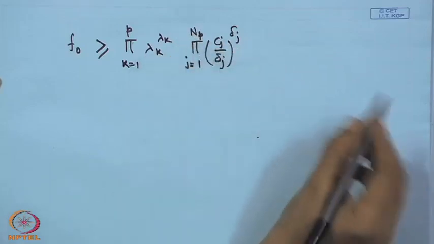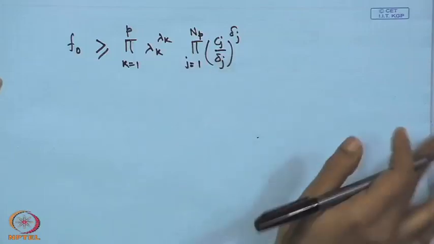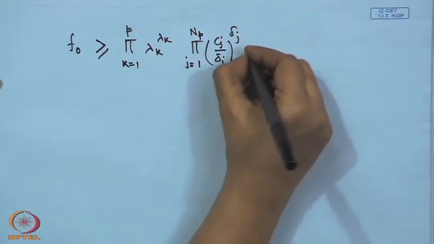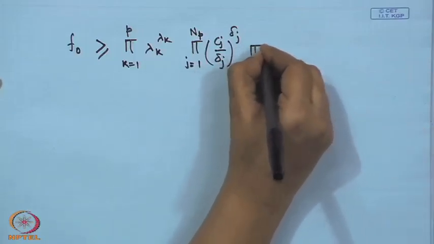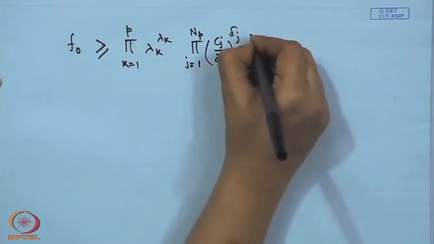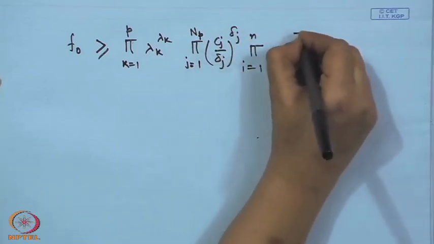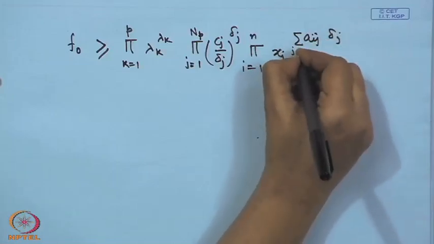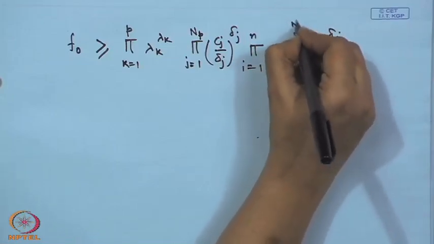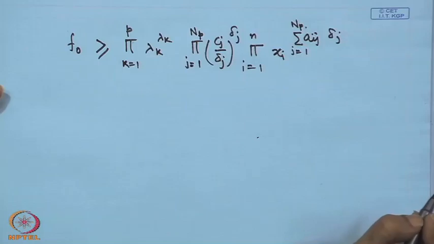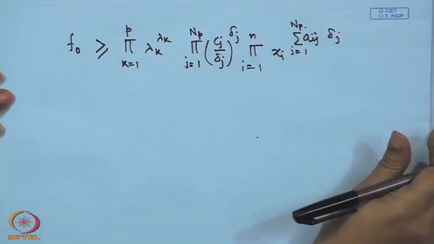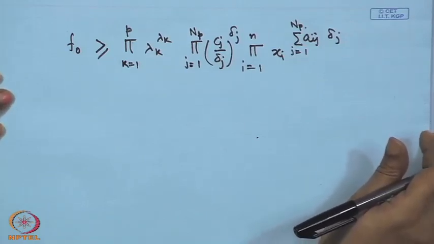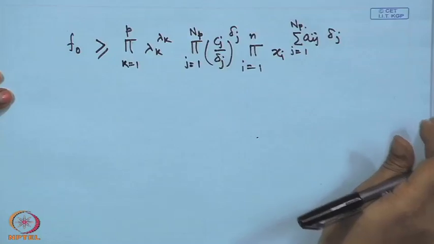That means we are considering all terms together, objective function as well as constraint, and there is another term, i is equal to 1 to n, xi summation a ij delta j. Here also we will have j from 1 to n p. Thus, we could see that again we could establish the primal dual relationship for the constrained geometric programming problem.